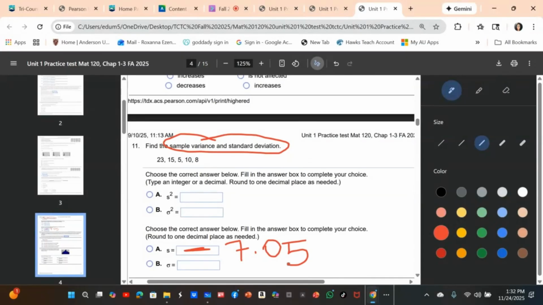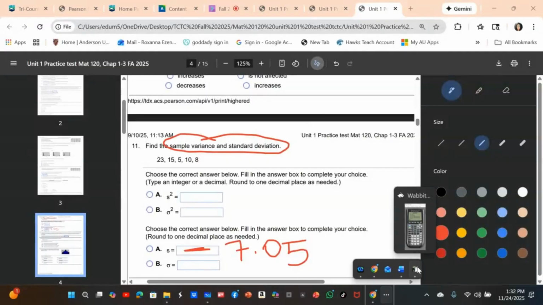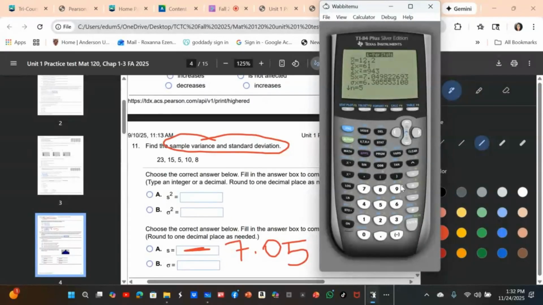Okay. And then if I'm told to find the sample variance, which I'm told to do, then I showed you the quickest way to do this. So you go to second, vars, statistics.